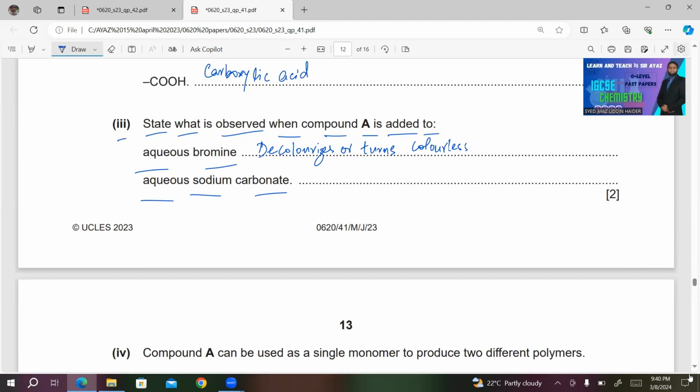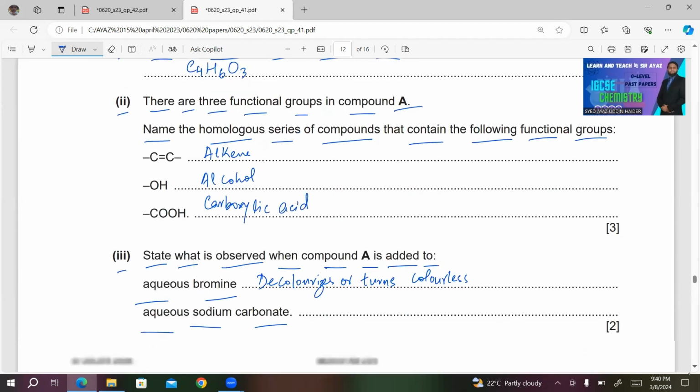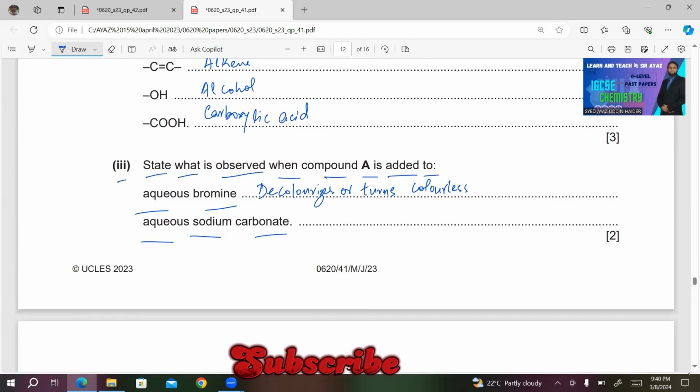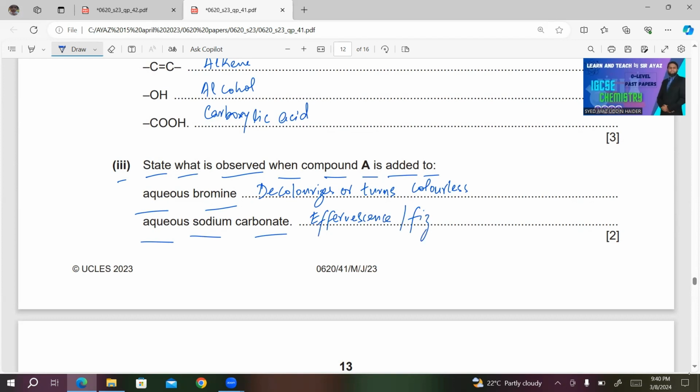What about aqueous sodium carbonate? It reacts due to the presence of this COOH, the carboxyl group, acidic group. So we'll have fizzing or effervescence, fizzing, bubbling.